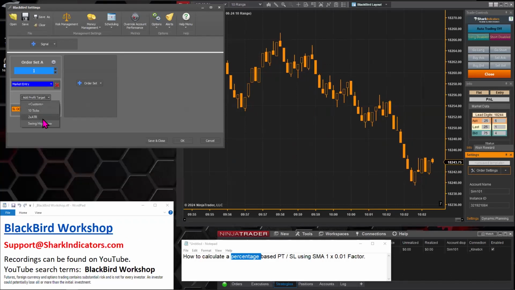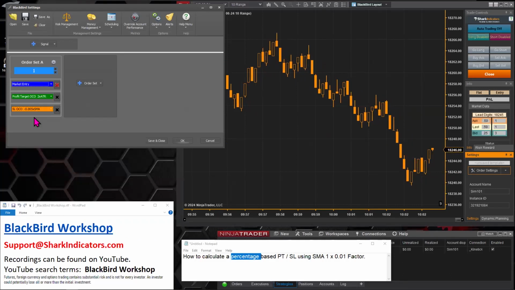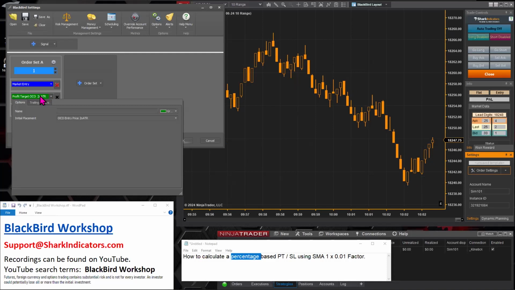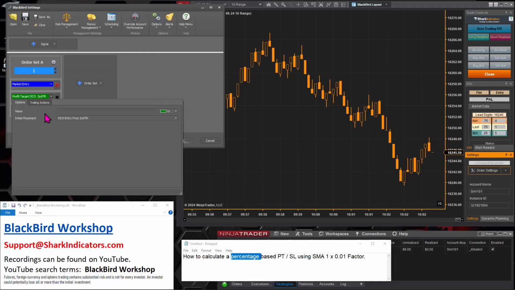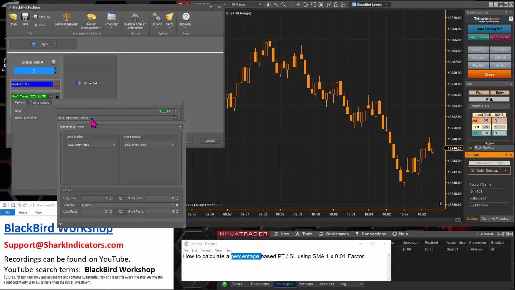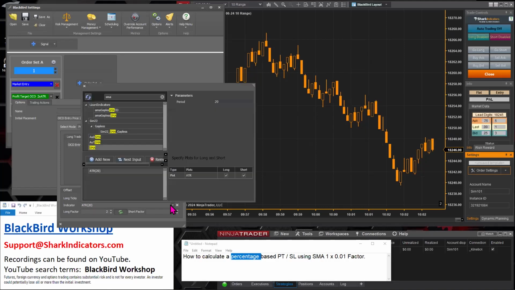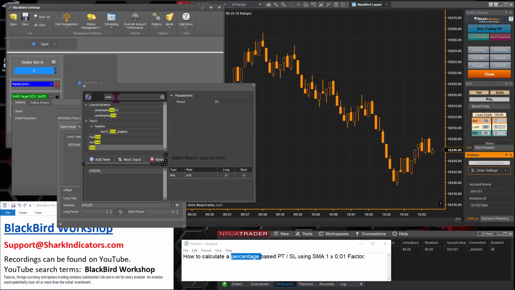Then just for good measure, let's set up a profit target there. You notice I started with the ATR profit target. Not that it gives me any advantage or shortcut, but it reminds you to replace the ATR with the SMA. So let's do that again.